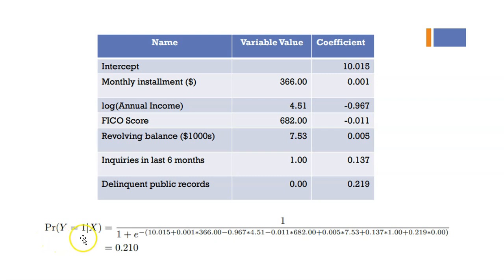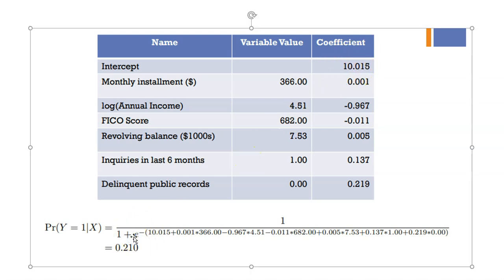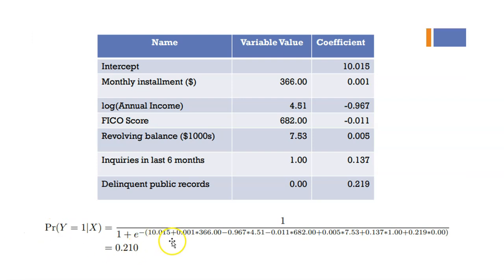The probability of default for a given value of x would be 1 over 1 plus e to the power negative 10.015 plus 0.001 times 366, and this is for a specific value of x.